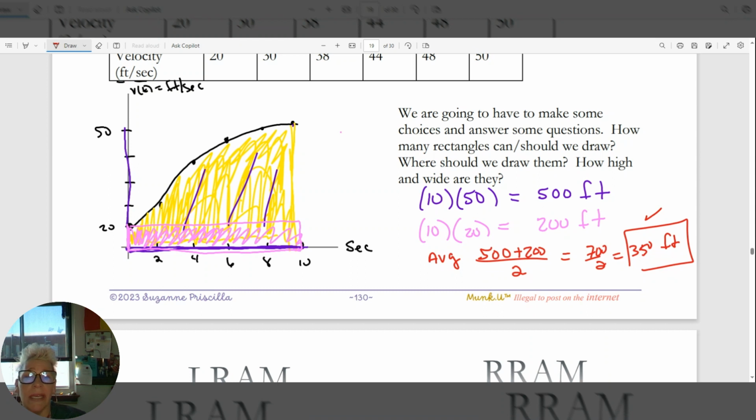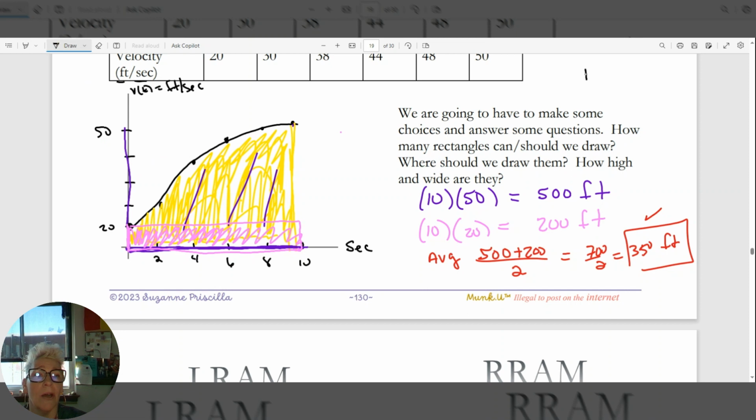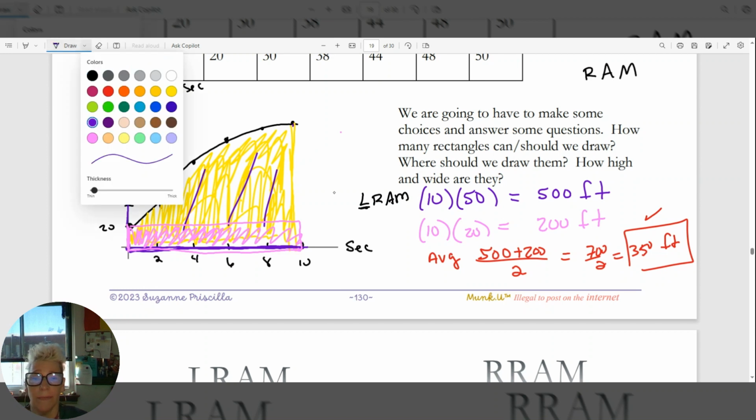So what we've done here is we've looked at three very specific types of rectangle. R for rectangle, A for approximation, M for method. The rectangle approximation method. The first one we did here is called an LRAM, L standing for left.